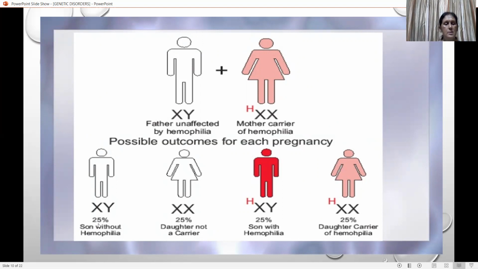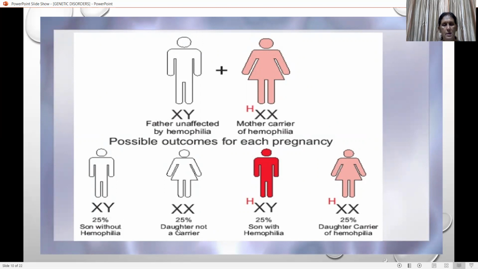Similarly, here the son is without hemophilia because this X chromosome comes from his father, and this healthy X chromosome from his mother. Here also, one X chromosome comes from the father, one X chromosome from the mother.